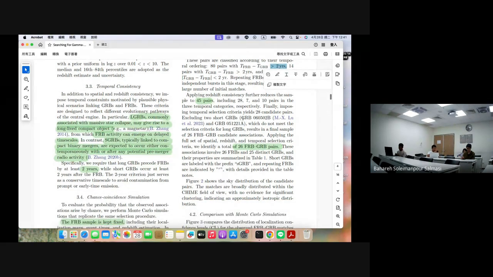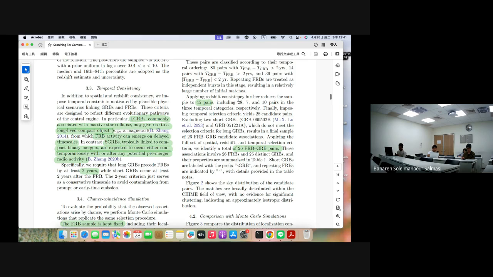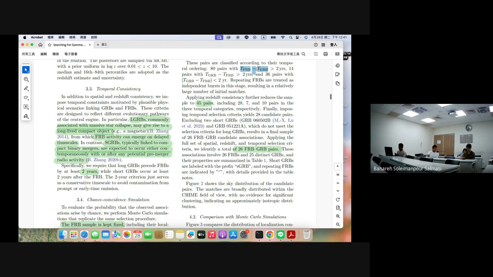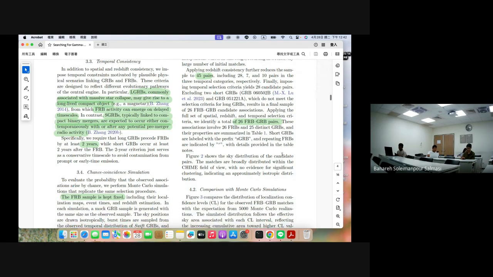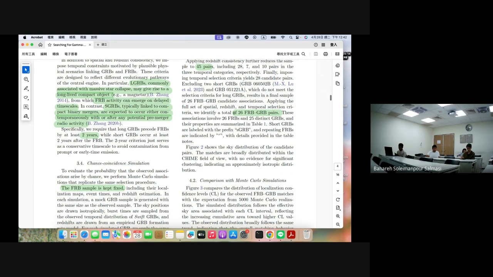After the redshift consistency, there are only 45 pairs, and 28 pairs for this. I also excluded 2 short gamma ray bursts from these 28 pairs, so there are 26 pairs left.